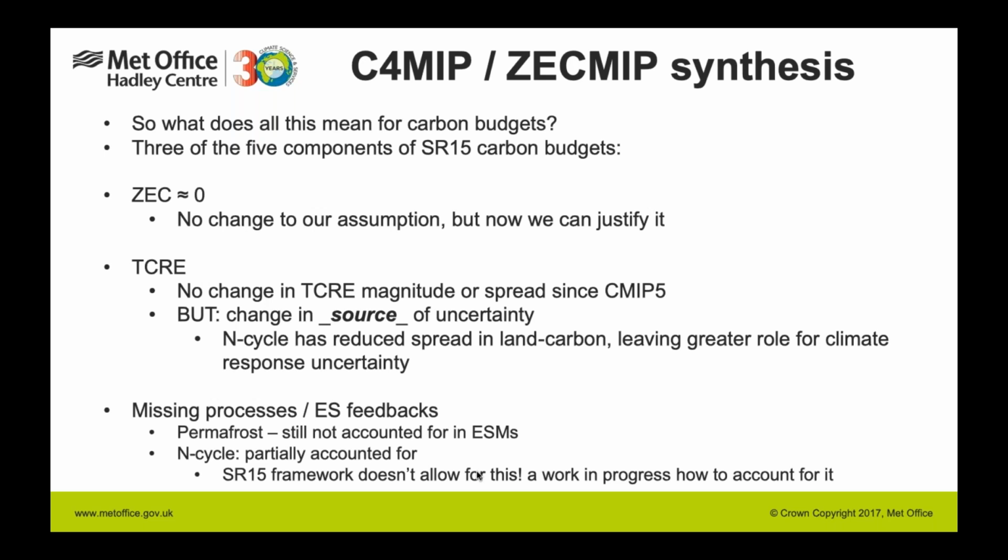But it doesn't tell you what to do when half of your models have a process and half don't. So it's a bit of a work in progress, how to actually account for that. At the moment, we're just taking the whole CMIP6 ensemble at face value and using that to define TCRE, but there might be some way of propagating some nitrogen cycle behavior from the nitrogen models to the non-nitrogen models.